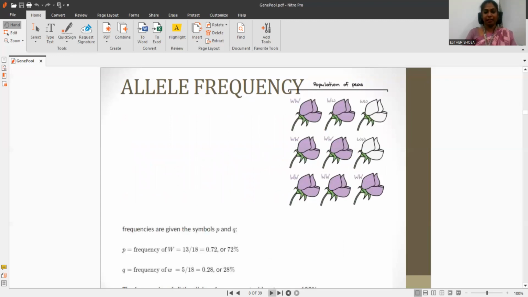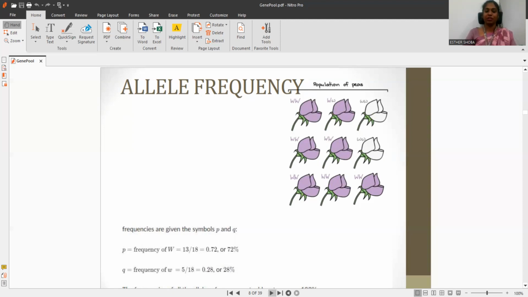So in this example, we see that we have around 9 flowers. Of 9 flowers, 7 are purple color and 2 are white color. Now, the purple color flower is because of what? It is because of the dominant form of the gene.